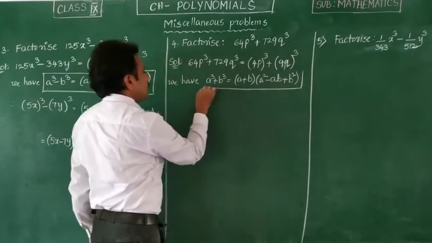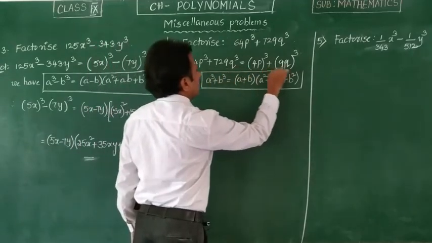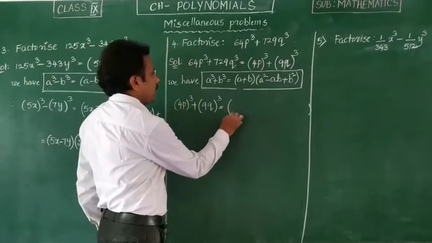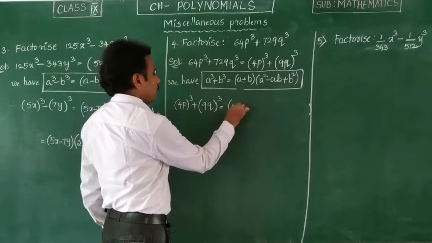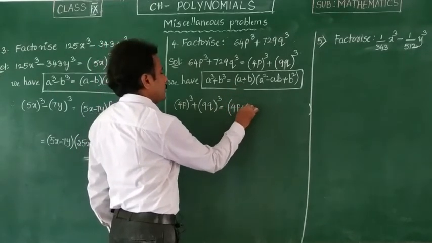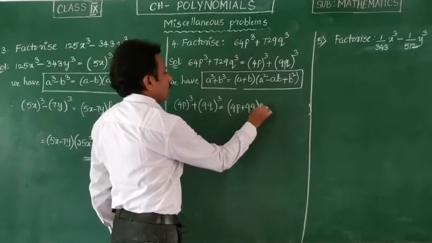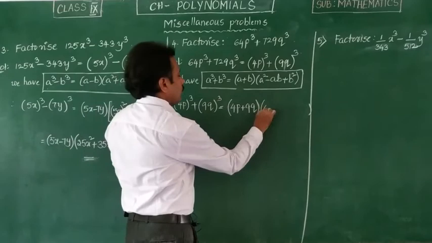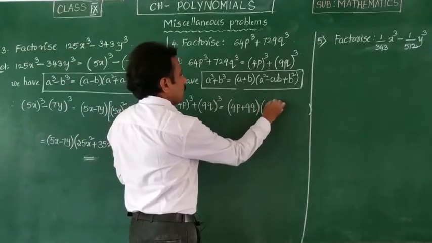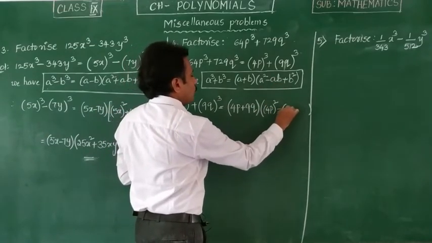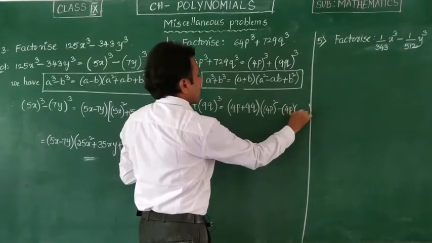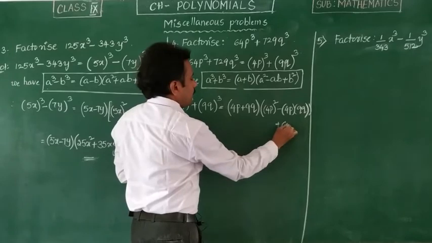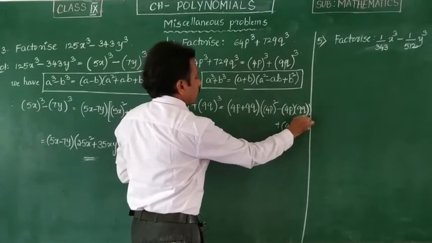Here a is 4p and b is 9q, multiplied by a square, 4p whole square, minus ab, that is 4p into 9q, plus b square, 9q whole square.